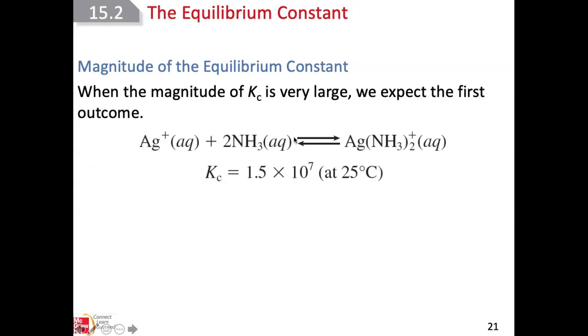When the magnitude of Kc is very large, then we will see the first outcome, meaning that we will have a lot of product when equilibrium is established. Do you see, for this reaction Kc is 10 to the 7th power, that means when equilibrium is established, the vessel will have a lot of product, and not that much of the reactant is still left there.